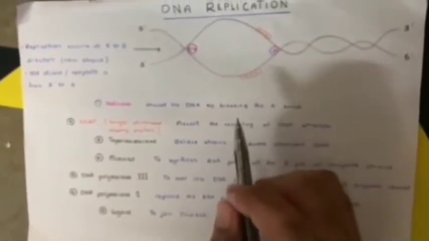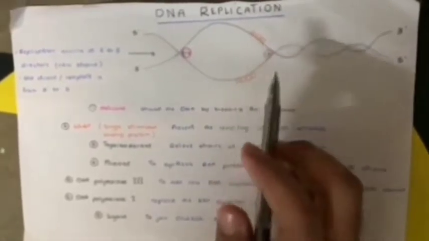Next, when the DNA is formed as a single strand, it easily recoils back. So, to prevent that from happening, we need to use SSBP. That is the single-stranded binding protein.